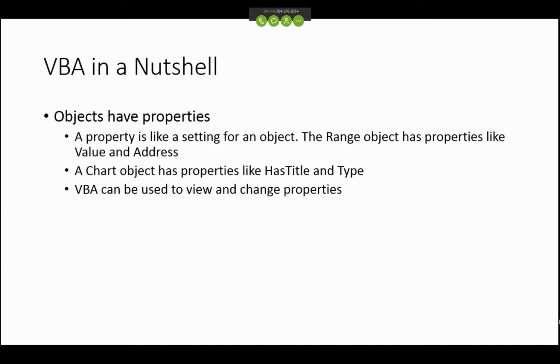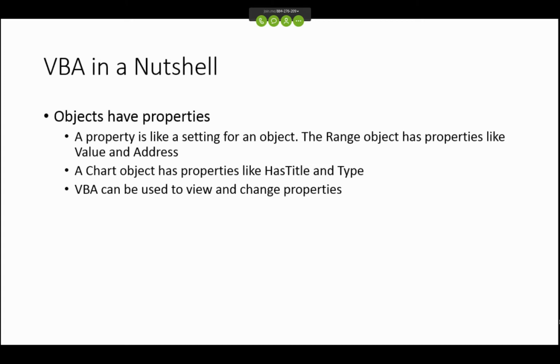Range objects have lots of properties. Chart objects have properties. So has title is a Boolean property. It's true or false. If the chart has a title, it's true. If it's false, then we'll write some code that says, is it false? Then let's add a title.